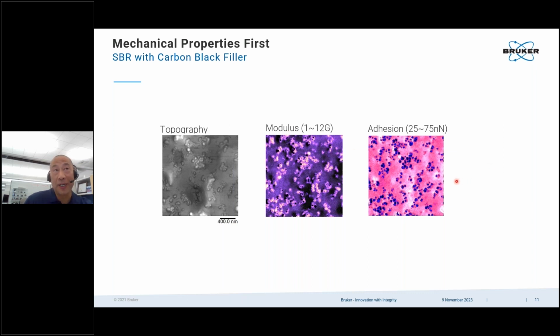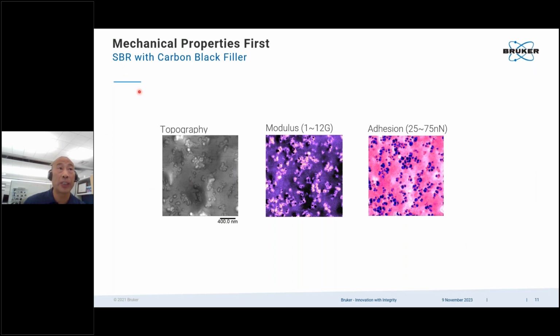So why do we care? For a car tire, what we care about is mechanical wear resistance, and also the friction, when the rubber meets the road. So this is the mechanical part. You may wonder, what are those particles?